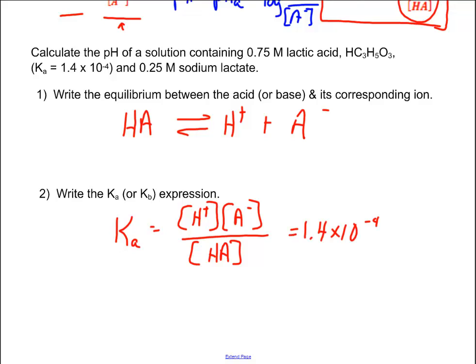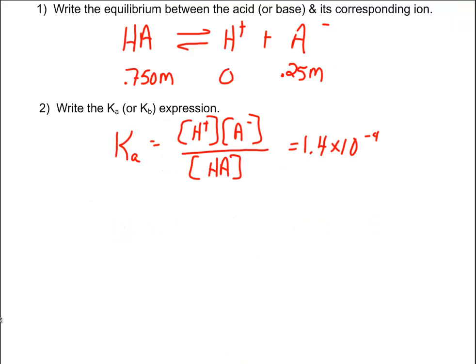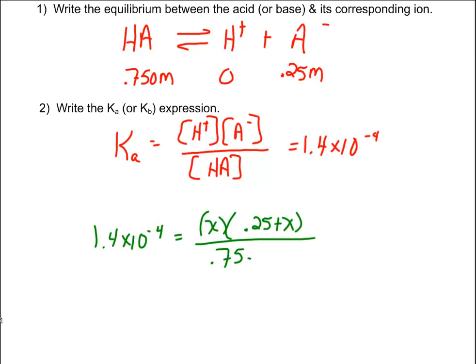So my initial concentrations here of lactic acid are 0.75 molar. And for lactate ion, it's 0.25 molar. And I need to find the pH. So I need to find the hydrogen ion concentration. So initially we'll say that's 0. So my equilibrium is going to shift to the right. So in my equilibrium expression, I'm going to have 1.4 times 10 to the negative 4 equals x times 0.25 plus x all over 0.75 minus x.